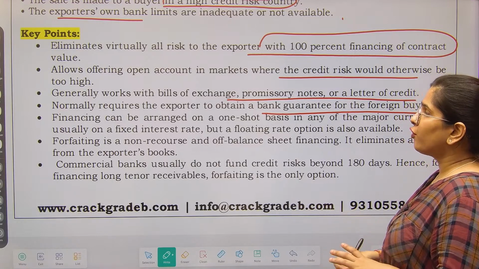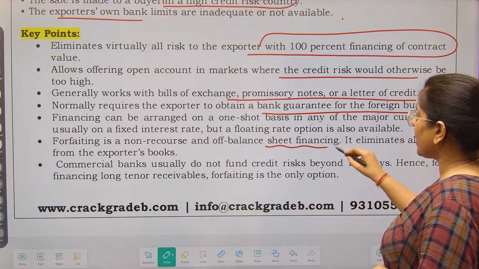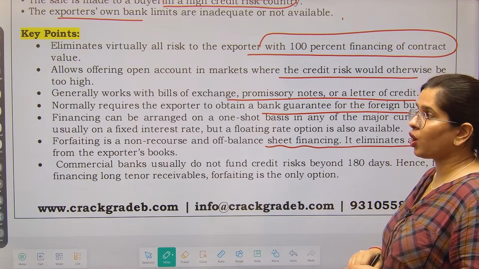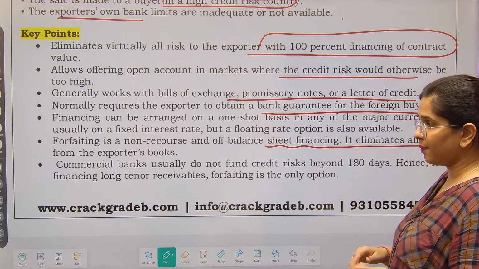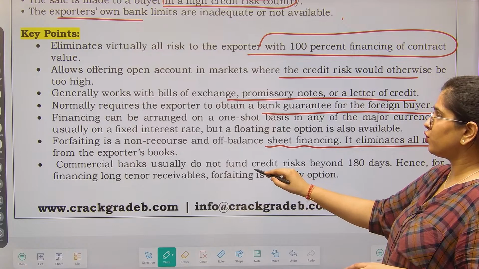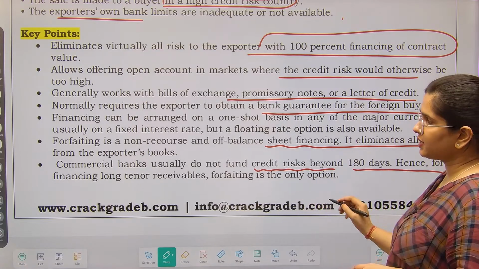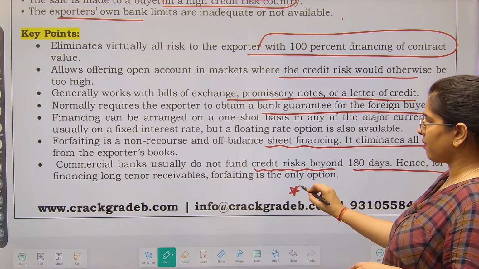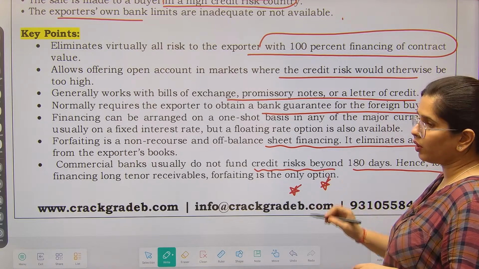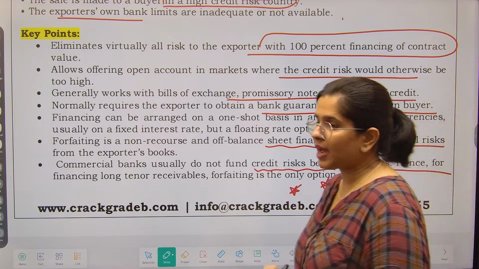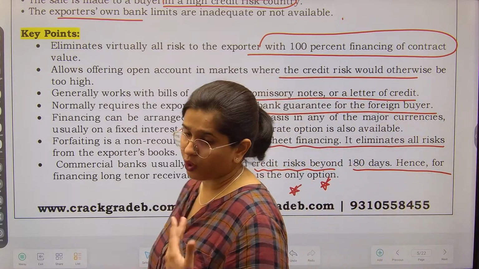Okay? Forfeiting is non-recourse and off-balance sheet financing. It eliminates all the risk from the exporter's book. Commercial banks usually do not fund credit risk beyond 180 days, and hence financing long tenor receivables through forfeiting is the only option. Commercial banks do not go beyond this.